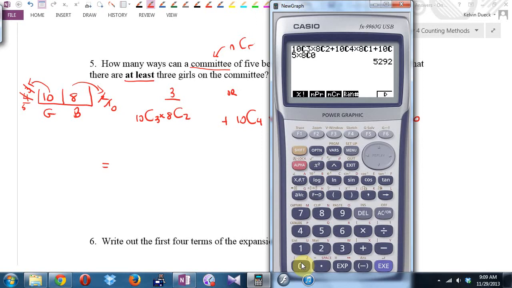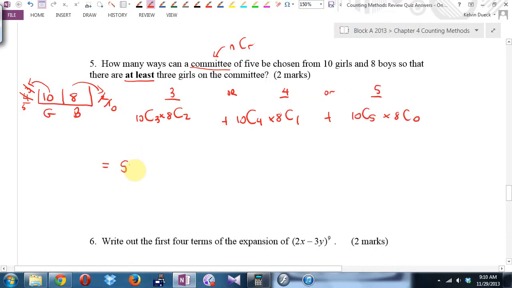Is the answer 5,292? If you got that right, 2 out of 2. Otherwise, I would look for this. I'd give you a half mark if I saw that, a half mark if I saw that, a half mark if I saw that, and then a half mark for the answer. But if you got the right answer, I'm good with that.